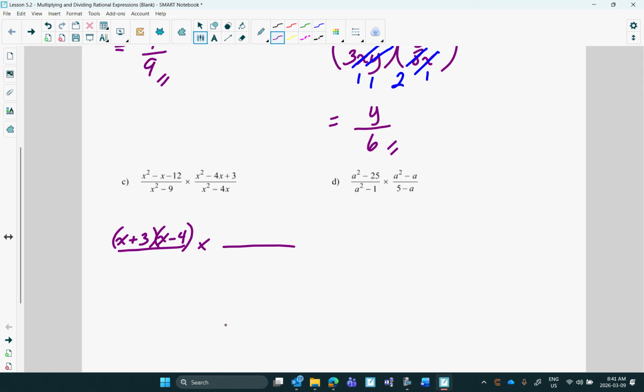How about the bottom? What kind of factoring is that? Isn't that a difference of squares? X squared minus 9. Yeah. So X plus 3, X minus 3. The second numerator is another trinomial. This time I'm looking for two numbers that add to -4 but multiply to +3. -3, -1.